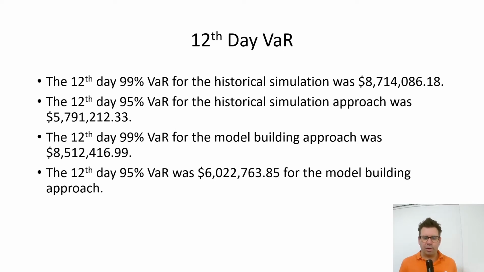The two different approaches were used to calculate the 12th day 99% and 95% value at risk results for the portfolio. The historical simulation approach produced varying results to the model building approach. The 12th day 99% VaR for the historical simulation was $8,714,086.18.